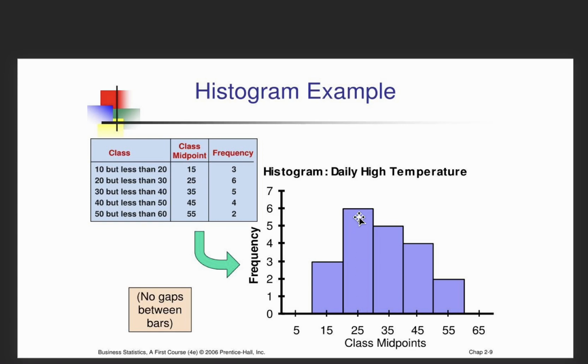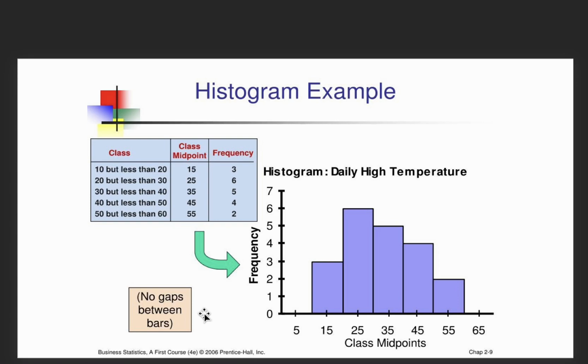This one's 6 units tall, 5 units tall, 4 units tall, 2 units tall. These values along here are the midpoints. Some graphs are going to give you not the midpoints, but the boundary values: the 10, the 20, the 30, the 40, the 50, the 60.